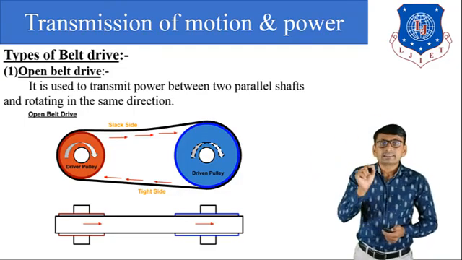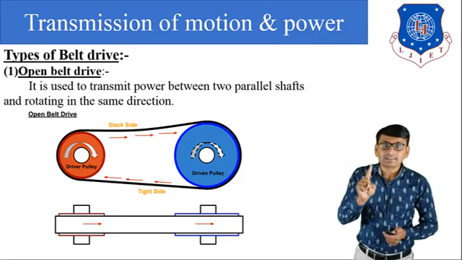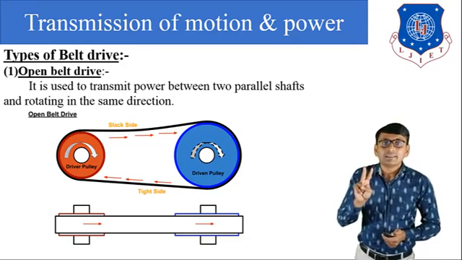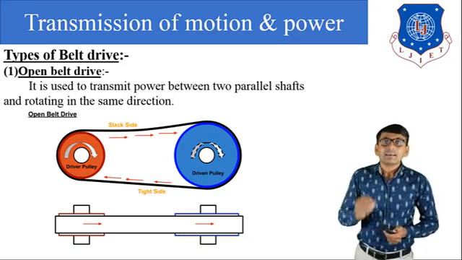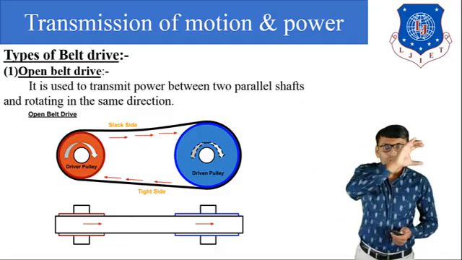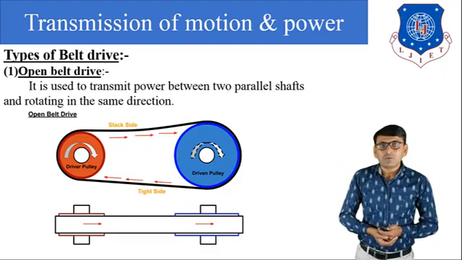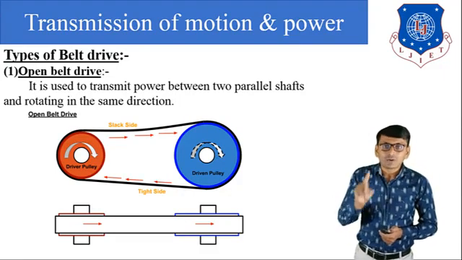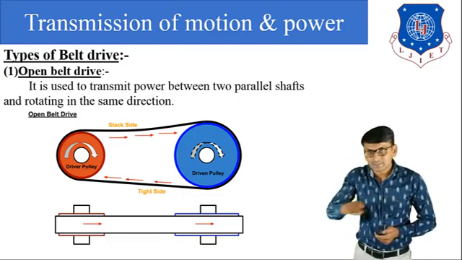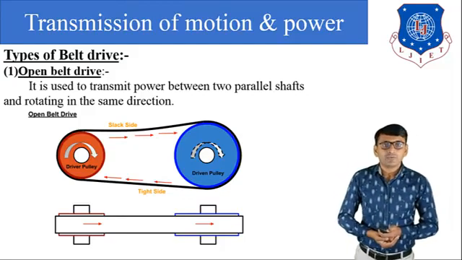And there are two shafts. One shaft is inserted in the driver pulley and the second shaft is inserted in the driven pulley. Shaft means iron rod simply. So in open belt drive, these two shafts rotate in the same direction. So this is about open belt drive.